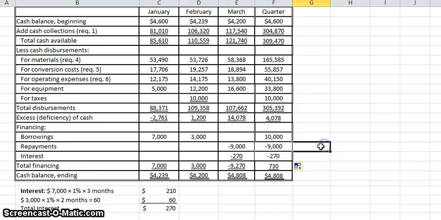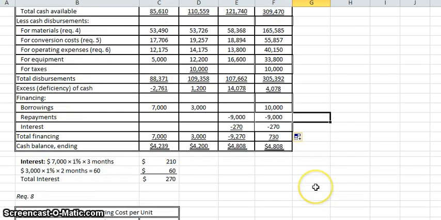So just be aware that the quarter column has to make sense as if you were doing it by itself. Because sometimes when companies do budgets, they're going to prepare them with all 3 months, but they may just focus on a quarter at a time. So that has to make sense by itself. All right, the next budget that we'll do is the manufacturing cost per unit.